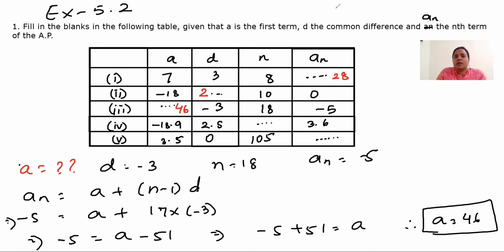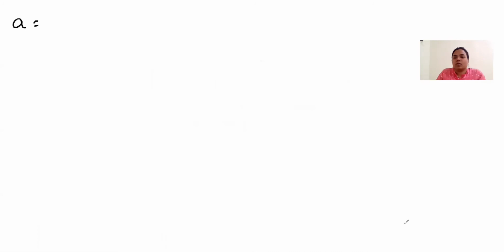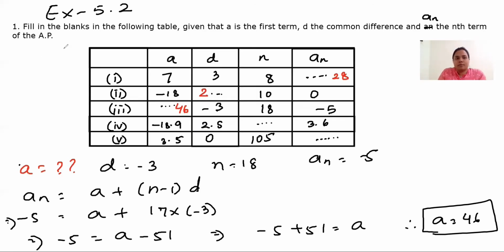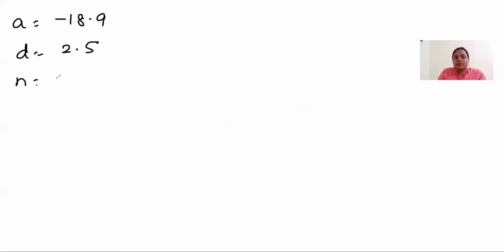Fine. Now, the next one, a is given, d is given. In this case, we have to find n. So how can we find n? Again, simple, just by substituting the values. a is equal to minus 18.9. d is given as 2.5. n is not given and an is given as 3.6.